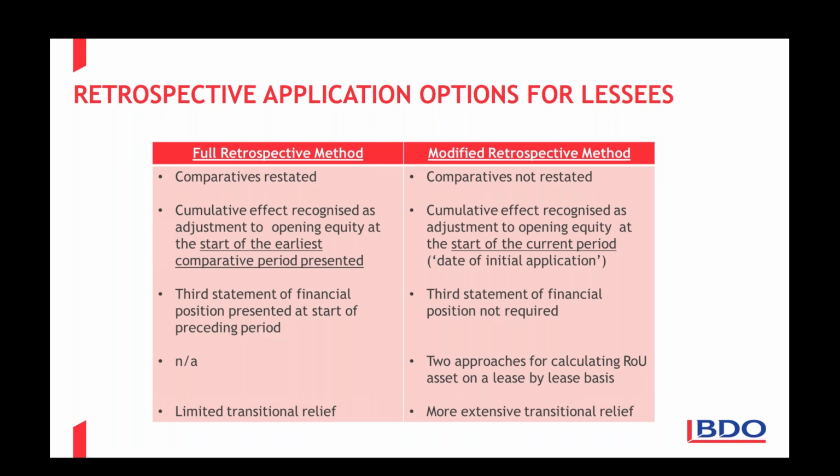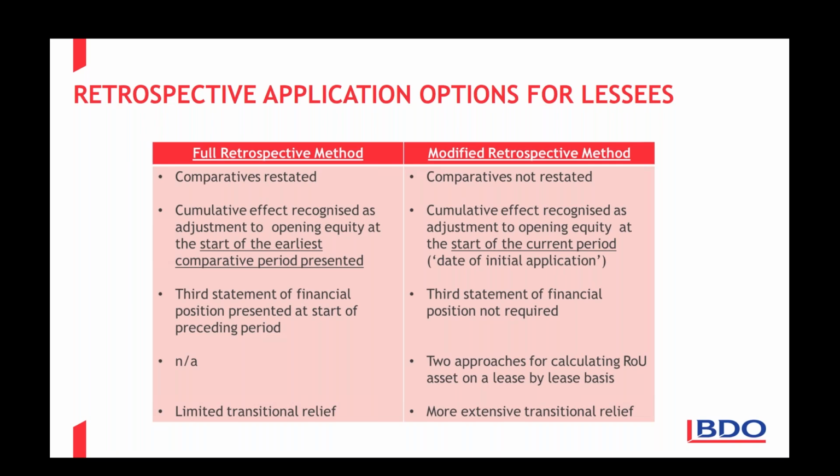Full retrospective disclosure method will give you very nice comparable information, but it's very costly if you've got a lot of leases. Because there's not a lot of transitional relief available, it's a comprehensive calculation. So you have to weigh up whether comparable information and the benefit of comparable information outweigh the cost of putting that information together.